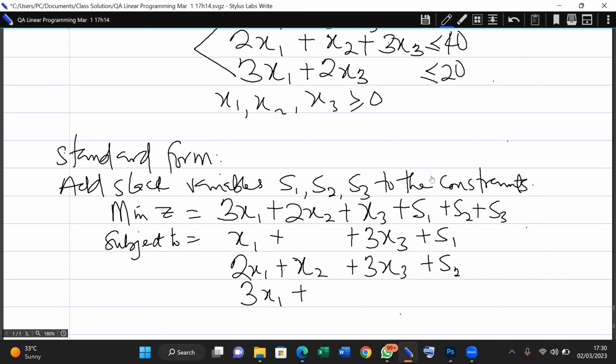That one does not have our x2, so you will leave it out. Then go to our 2x3. Then you will add your third slack variable. Is that taken? Do we get it like this?